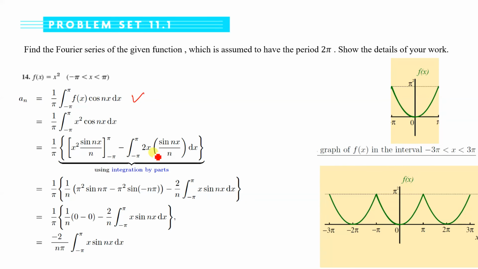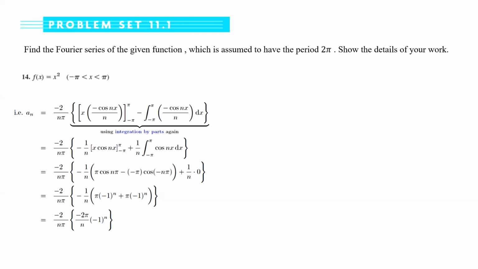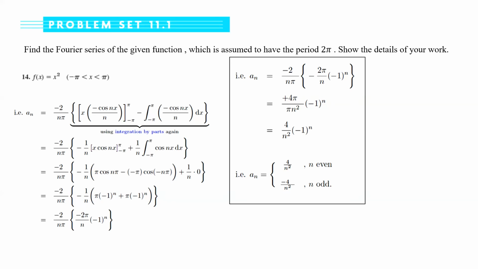In this evaluation we have to use integration by parts a couple of times in order to get the result, and you can see the calculations written here. So this is equal to minus 2 pi over x. Again integrating by parts, we have this. So an is equal to this.